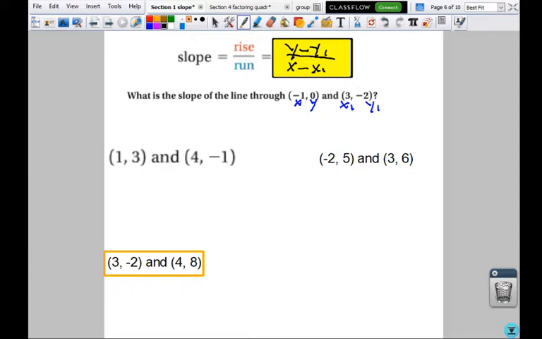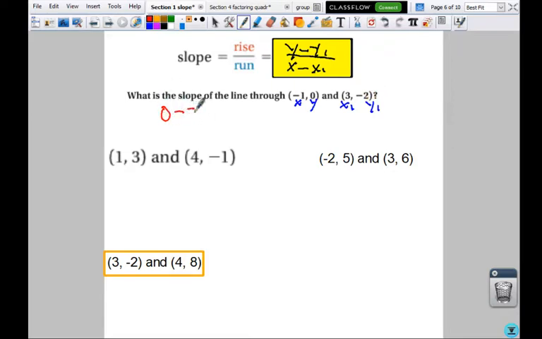So we don't need to look at our graph to find our slope. We could graph the points ourselves and make a line and then count rise over run, but we don't need to. Let's just use this formula. It's a lot easier. So I need to fill in x, y, x1, and y1 with our actual numbers, and then we're just going to subtract. So I said y is 0, so I'm going to go 0 minus y1, and I've got to be careful, it's not just 2, it's -2.